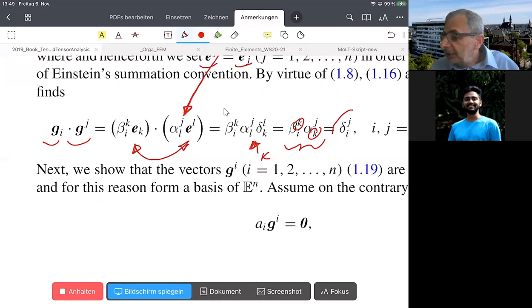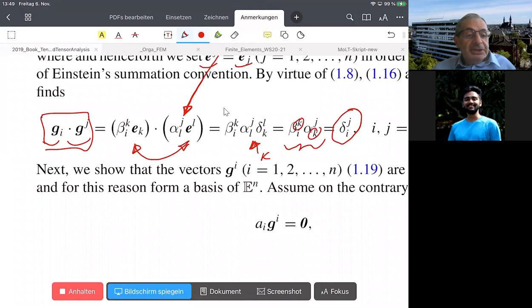And you see at the end we have the Kronecker delta indeed, which means that if you look at the beginning of this equation and at the end of it, we realize that these so constructed vectors, constructed by means of this matrix alpha, are really dual to our original basis, right? So clear, that means that we can always construct such a basis. Dual vectors always exist. We can construct them.